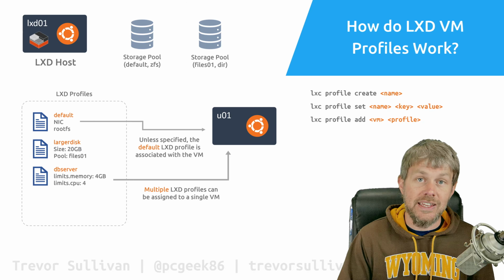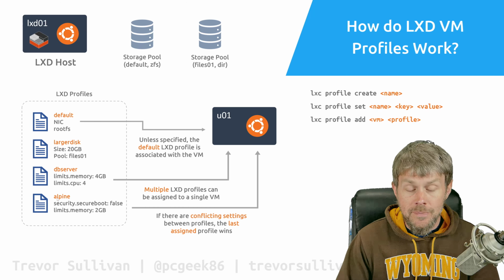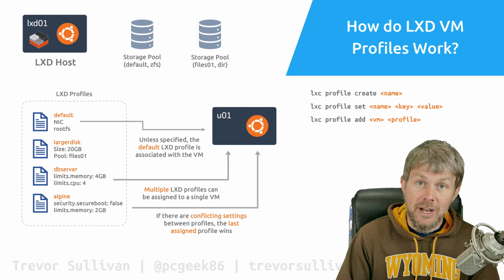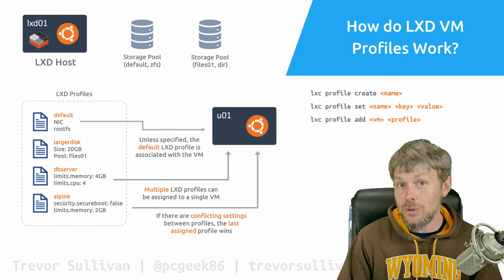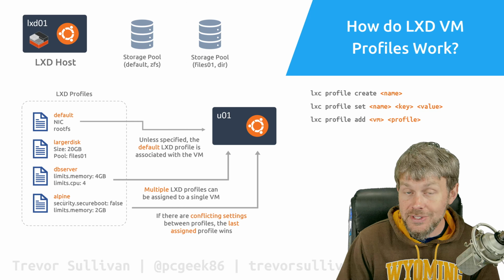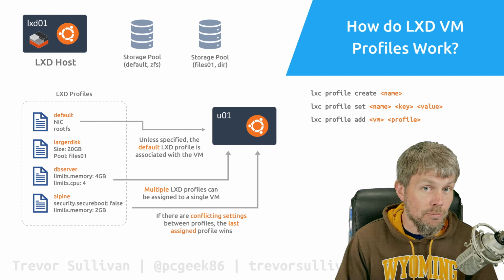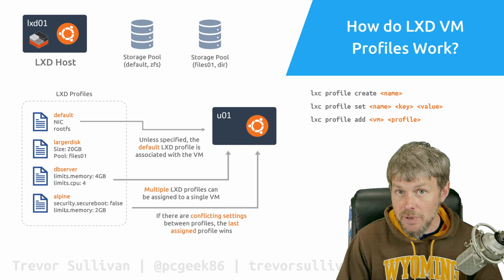Now, things can start to get a little bit more complex when we start doing multiple profiles. Let's take a look at another example here. So we're going to create another example profile called Alpine. And if you've watched some of my earlier videos on LXD, you probably have realized that Alpine Linux doesn't work with Secure Boot. And Secure Boot is actually enabled by default.